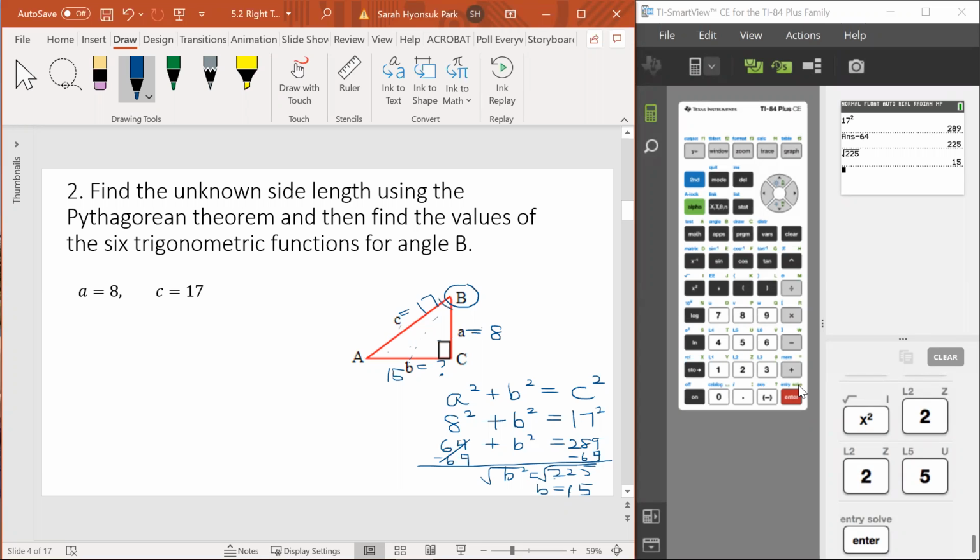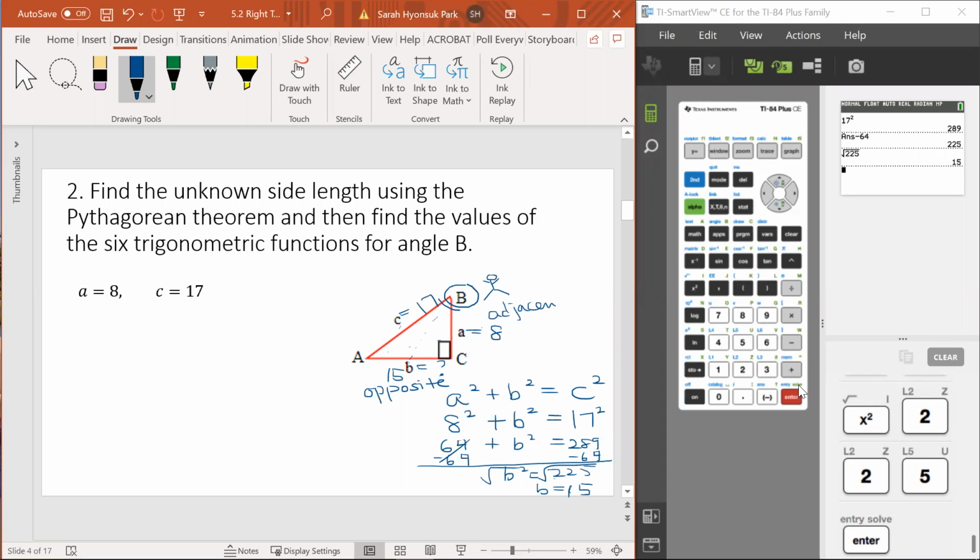Now we're placing ourselves at angle B, this is where we're standing. Depending on where you're standing, your opposite and adjacent sides change. If we are at angle B, that's our reference angle. The opposite side is little b, so I'm going to label this opposite. The adjacent side is A.